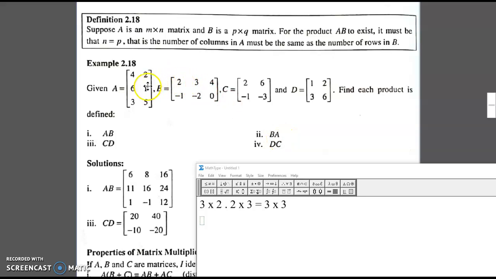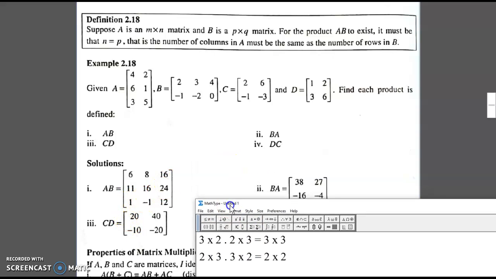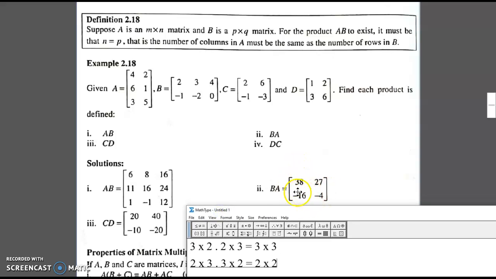So B is 2 by 3, multiplied with A, which is 3 by 2. First we check it can be multiplied because they have the same value here, and the result will be in the form of 2 by 2. So for BA, this is the answer, 2 by 2.